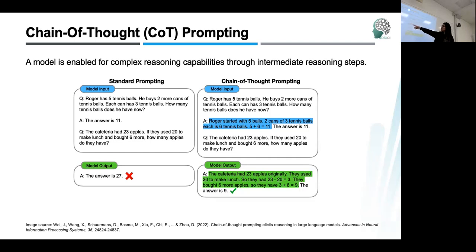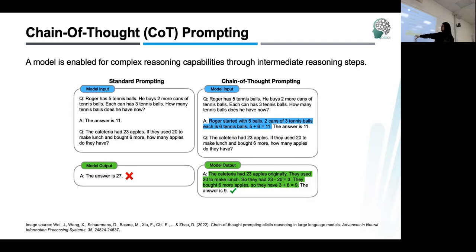The cafeteria had 23 apples. If they used 20 to make the lunch and bought 6 more. So the chain of thought reasoning would be 23 minus 20, because they used it in the lunch, and then the remaining 3 would be added to 6.